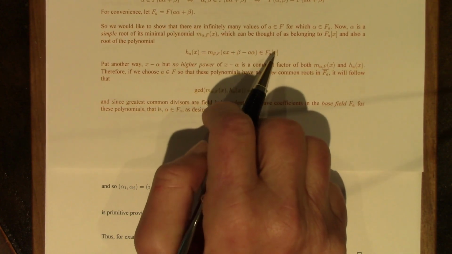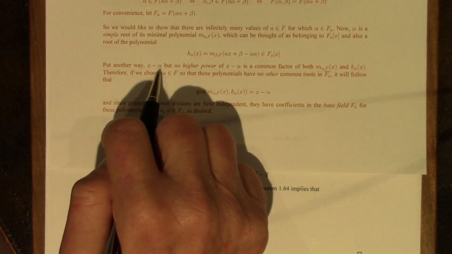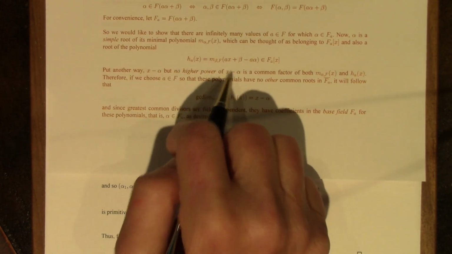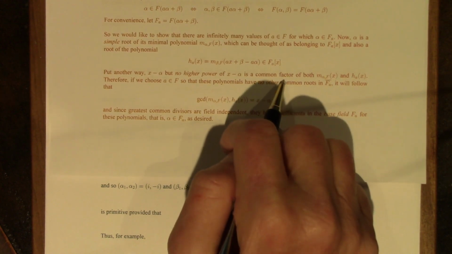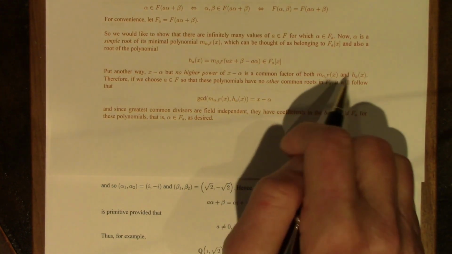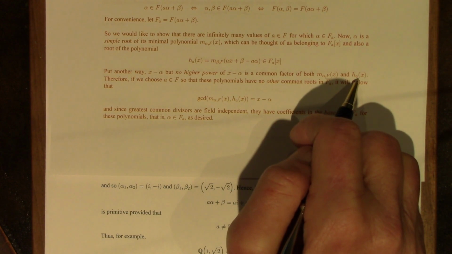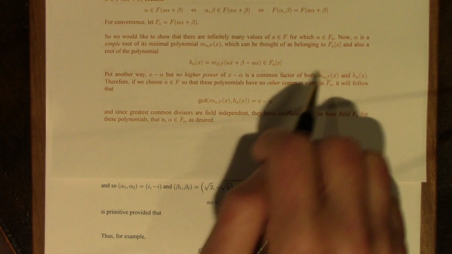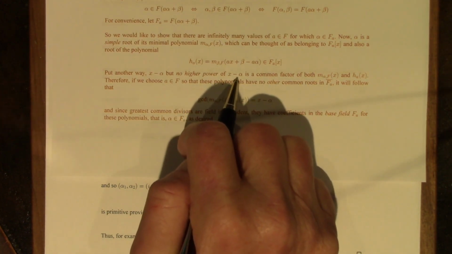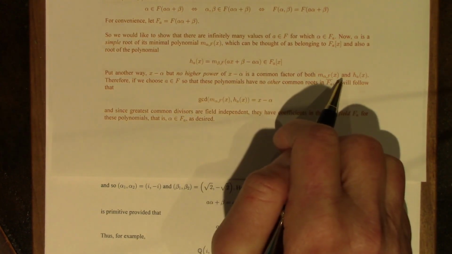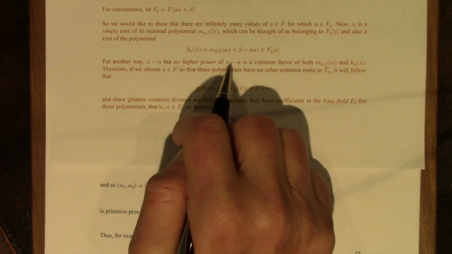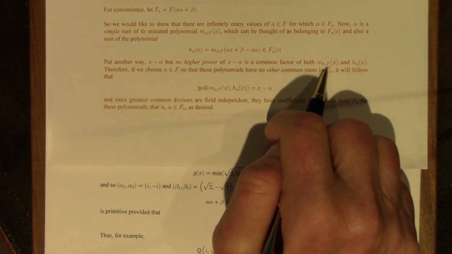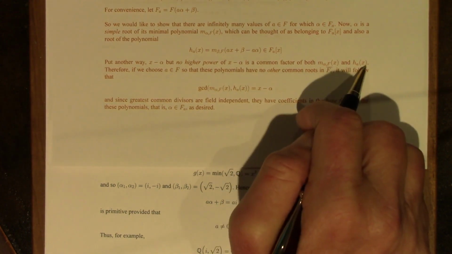We can put this another way. X minus alpha, but no higher power of x minus alpha, is a common factor of these two polynomials. That's why we need separability of alpha, so that x minus alpha squared is not a common factor. We're guaranteed that x minus alpha is a simple common factor of these two polynomials.